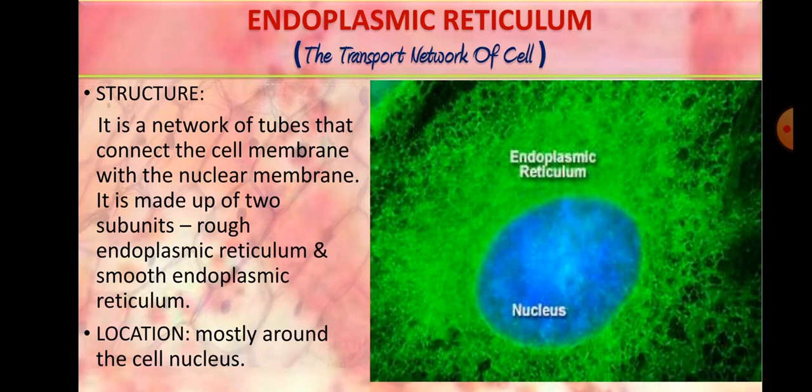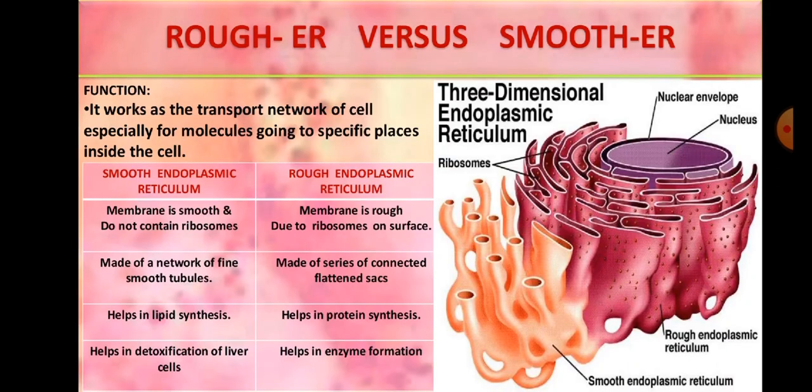Where can we find it? We can obviously find it around the nucleus. As you can see in this picture, the blue colored space is the nucleus and around it is a mesh network, which is the endoplasmic reticulum. Endoplasmic reticulum, as we just studied, is of two types, which are rough endoplasmic reticulum and smooth endoplasmic reticulum.